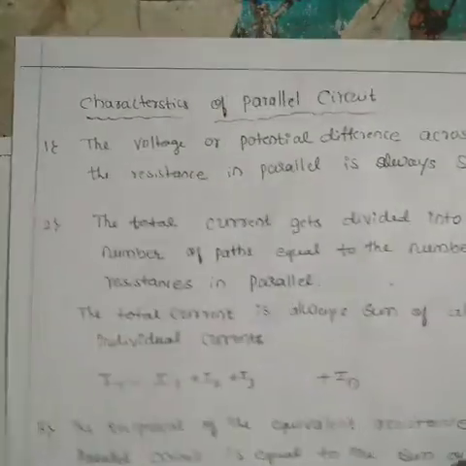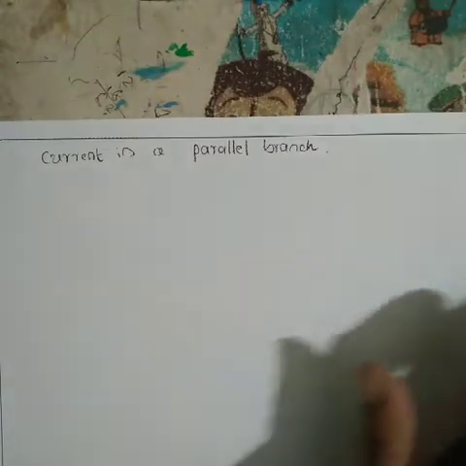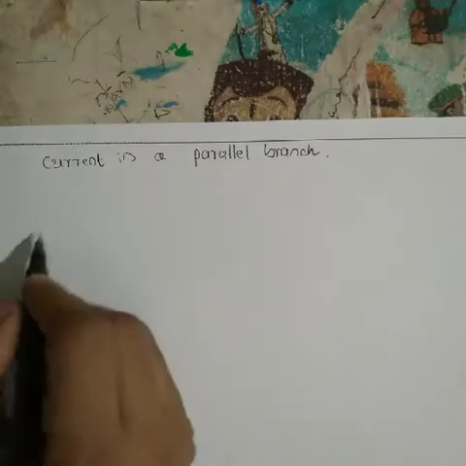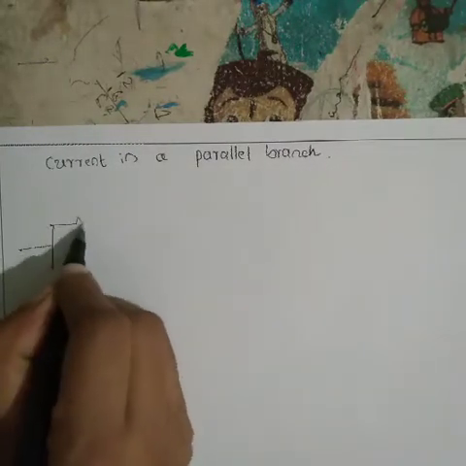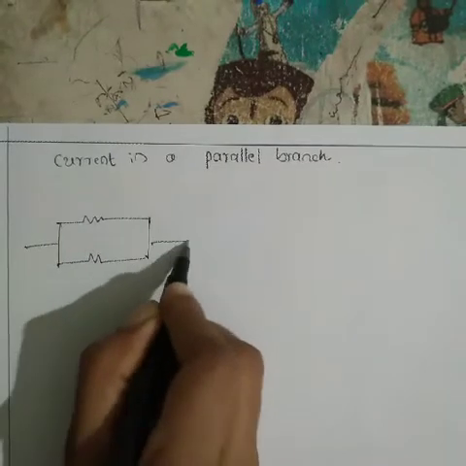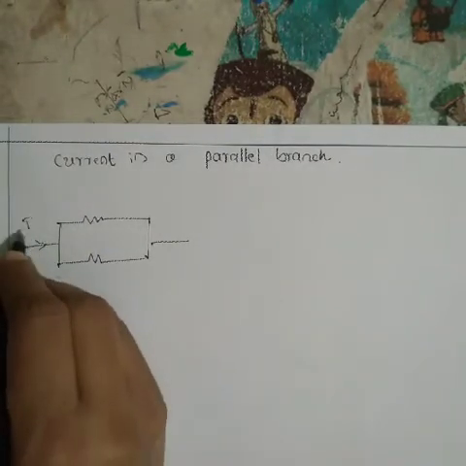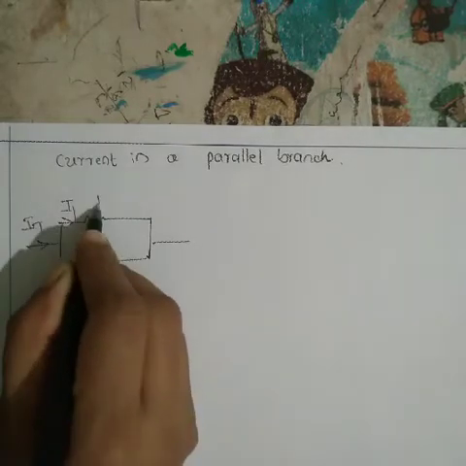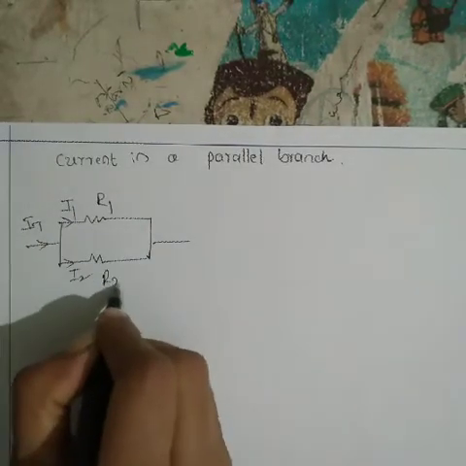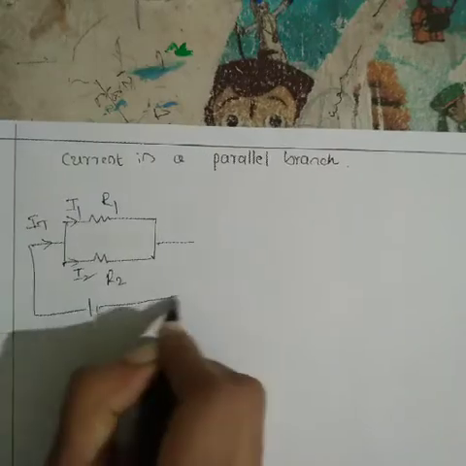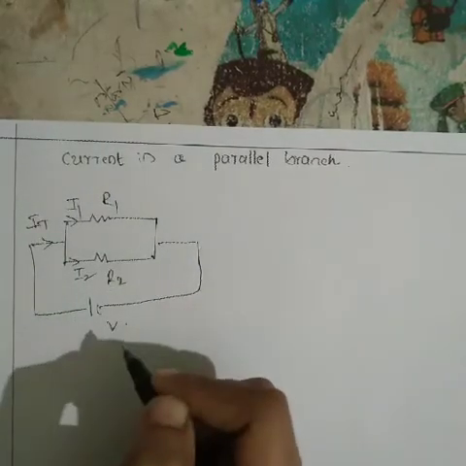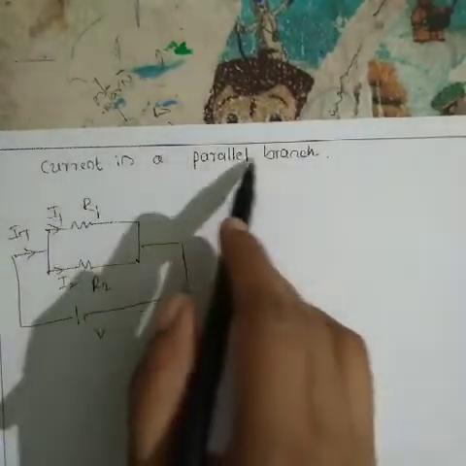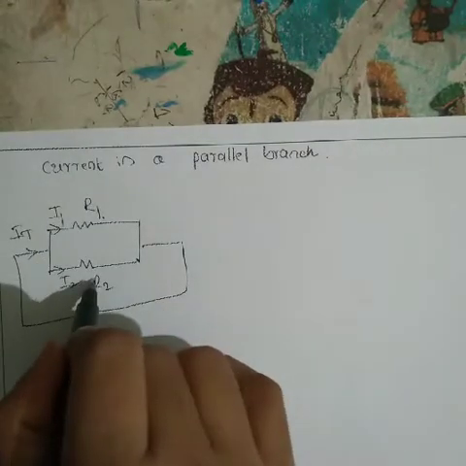Next concept, current in a parallel branch. If you consider two resistors connected in parallel, what is the branch current? This is your total current IT, with branch currents I1, I2 through R1 and R2 across the voltage source. Here two parallel branches are there.